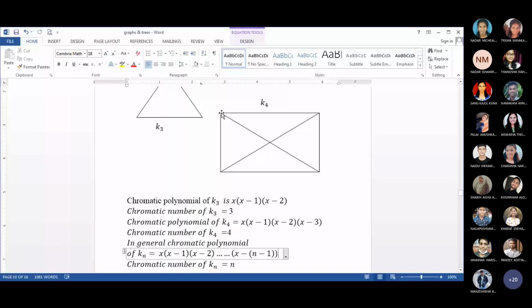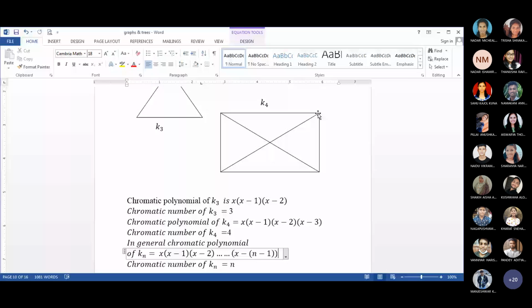Starting from there, for vertex 1 you will have x possibilities. You come in the right direction, this will be your vertex 2. For this you will have x minus 1 possibilities.